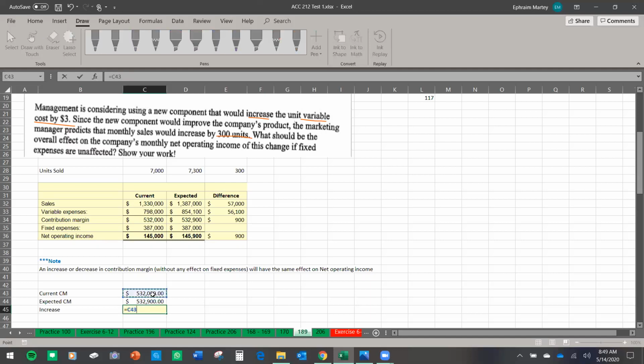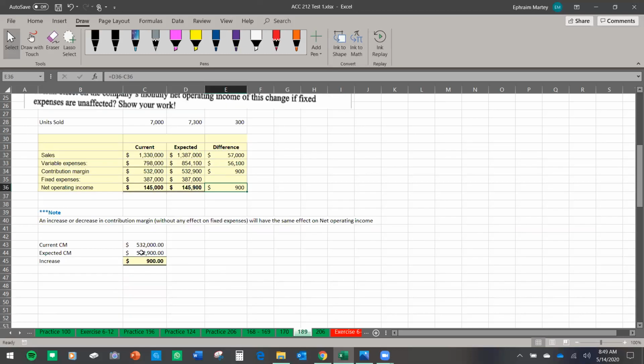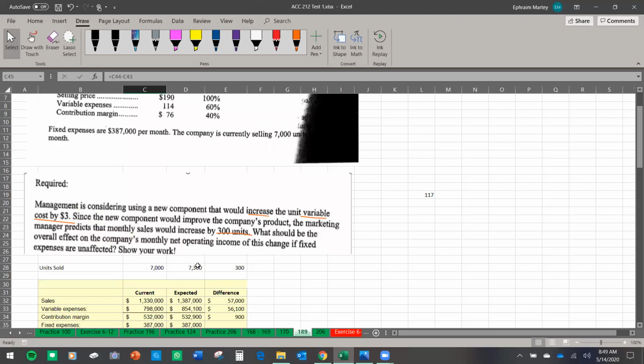Now what is the difference? The expected one minus this one will still give you the $900. So the current CM and then the expected CM will still give you the 900. So that is all for this one.